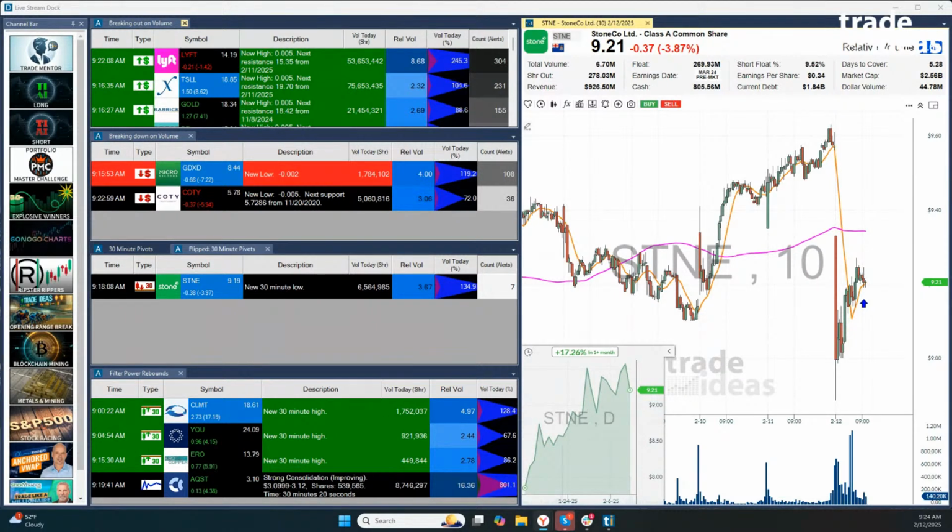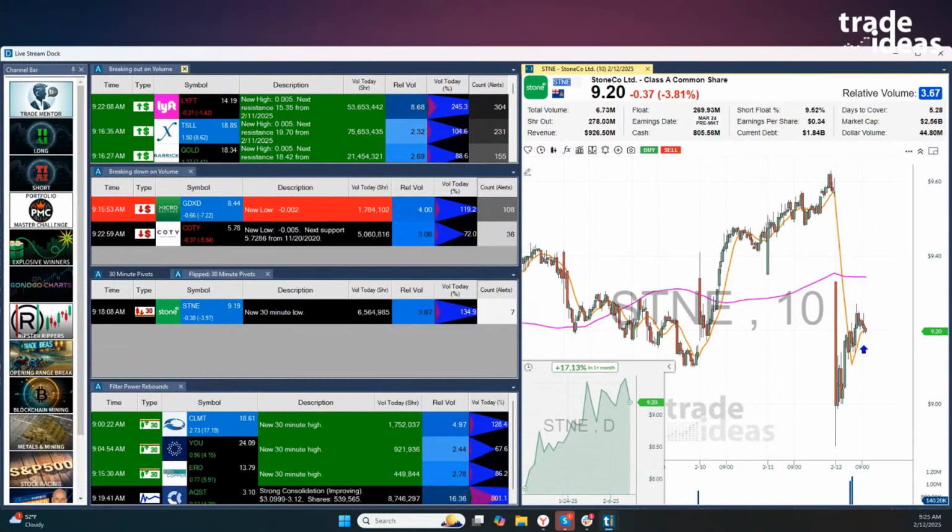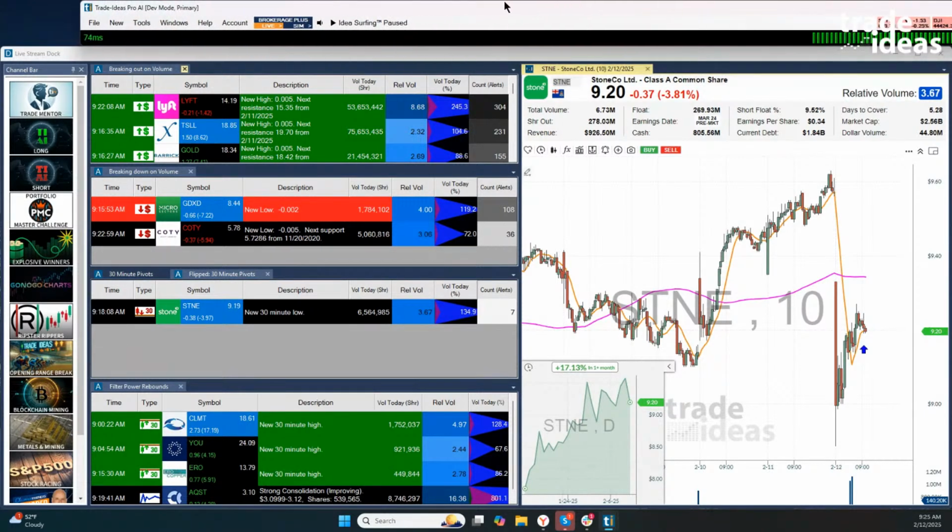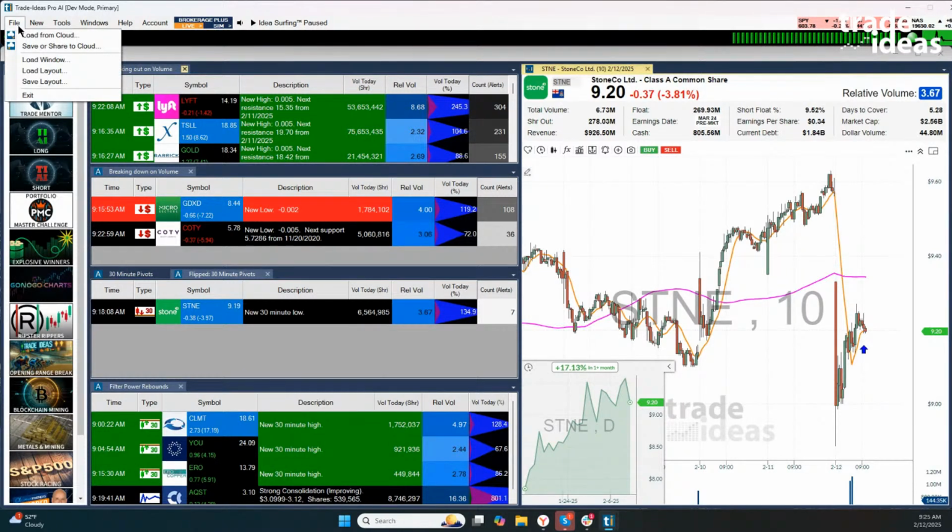Everybody should be able to copy this cloud link and go to their, let me show you how to, hold on a second, minimize this a little bit and bring the toolbar in here for everyone to see. So you can go to File, Load from Cloud, and put that link in that I gave you, and you will see a window called the Super System.